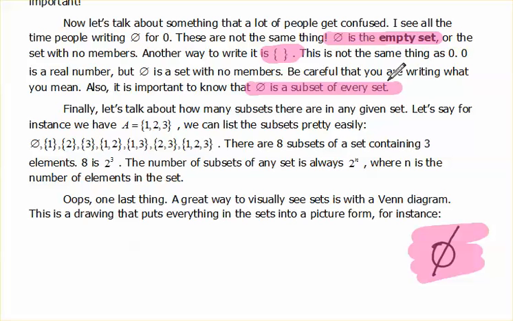Now, the way it was explained to me, and it made sense to me, which I hope it makes sense to you also, is when I was in college, my instructor pulled out his wallet, and he opened it up where the bills would normally be, and there was nothing in there. He said, "So my wallet right now is empty. There are no members in my wallet.